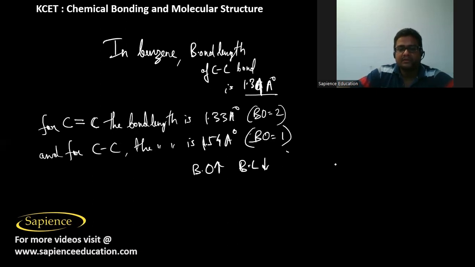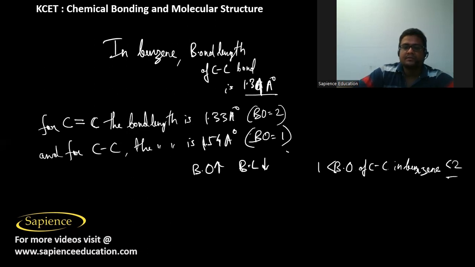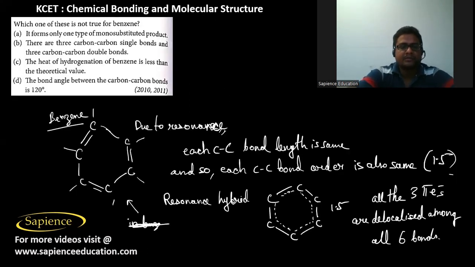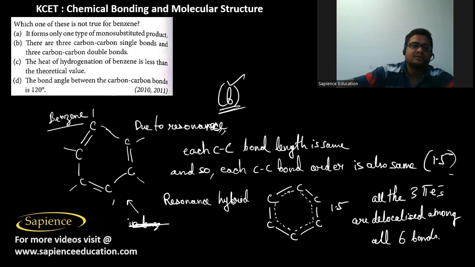So the bond order of carbon-carbon in benzene is more than 1 but less than 2, nearly about 1.5. So option B is the correct answer, since it is the wrong statement.